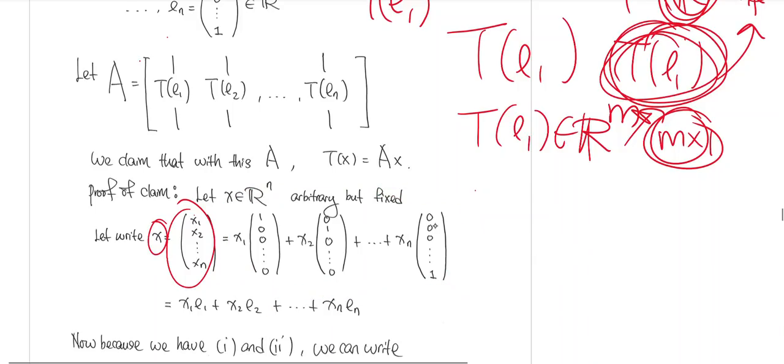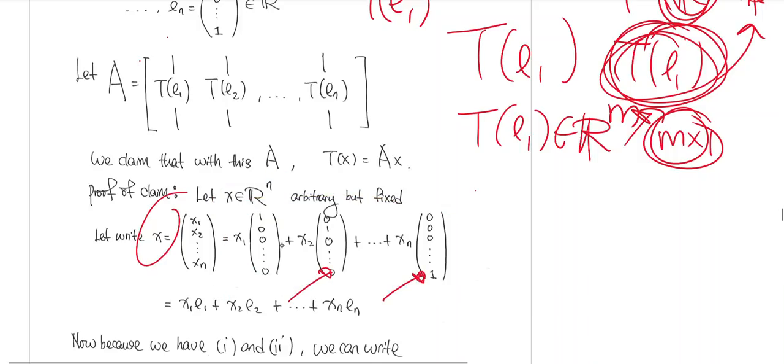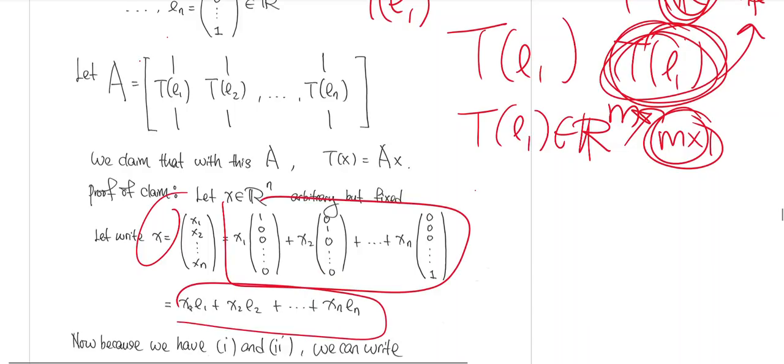So you can see that x, which is from R^n, can be written in this form. This is critical. Because we already call these e1, e2 to en, this whole thing can be rewritten as this. Cool. So given x in R^n, I can write it in this form. Again, be very careful: this one is a number, but this one is not a number.